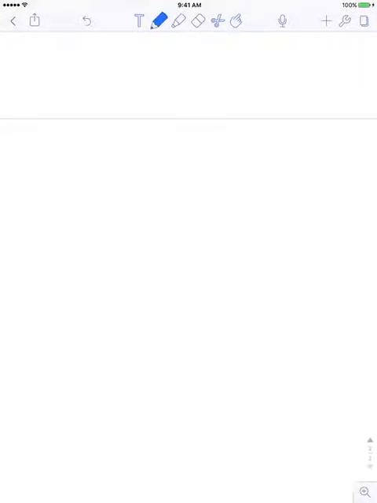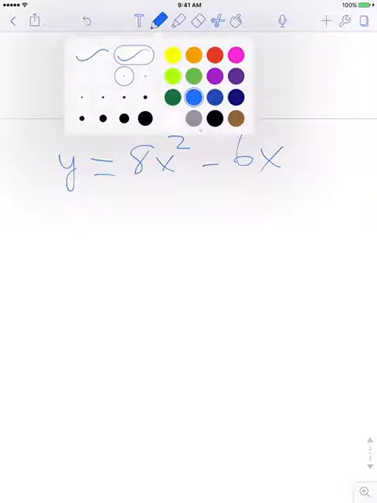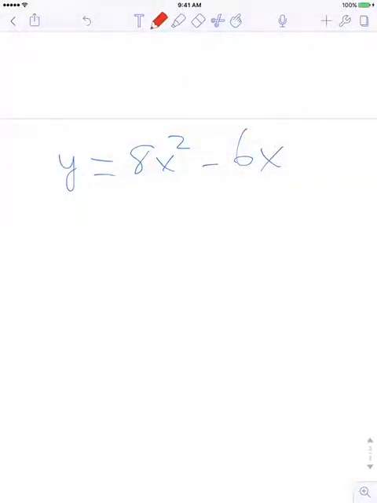This one here, I'm going to give y is equal to 8x squared minus 6x. Okay, right here we're looking for our GCF. In this case, our GCF here is 2x because both terms have an x value, x squared and x. From previous classes, we always take the lowest x value, and the GCF between 8 and 6 is 2.